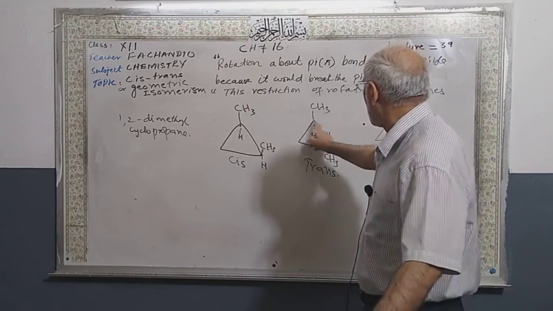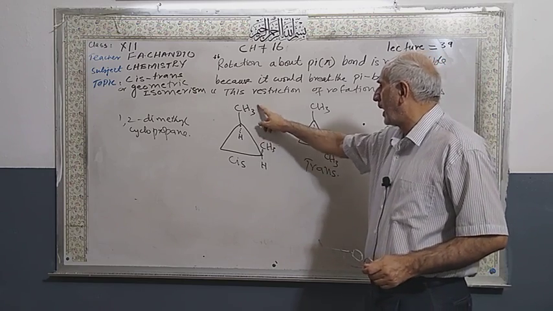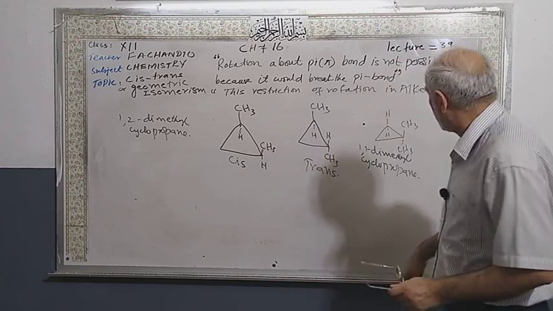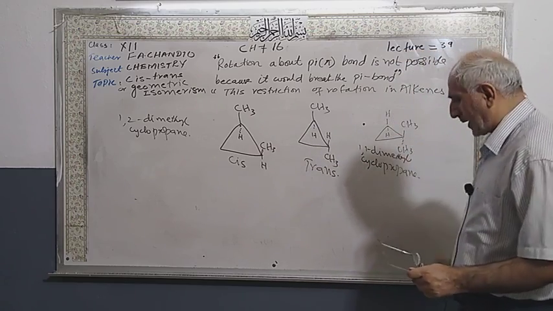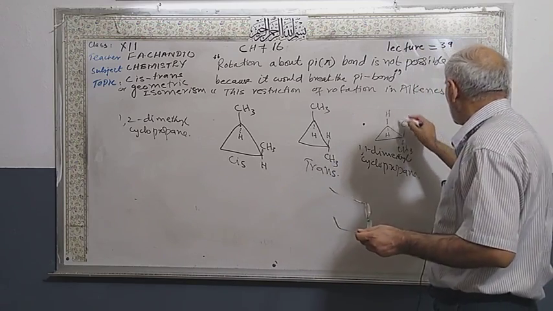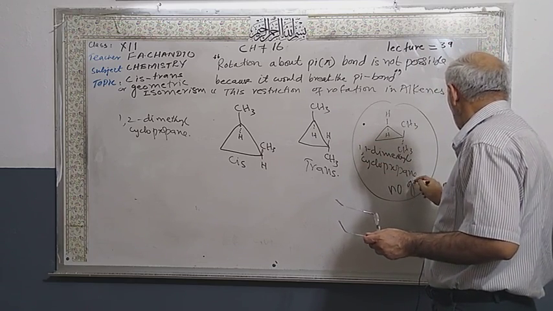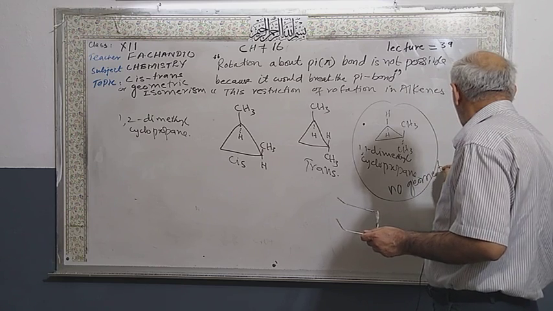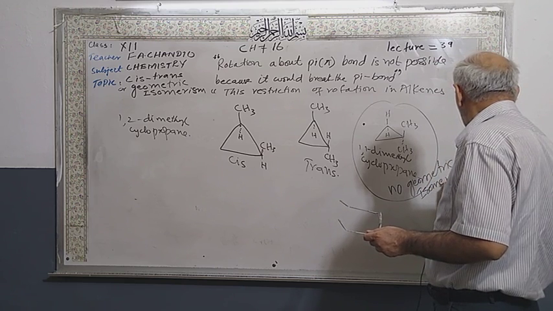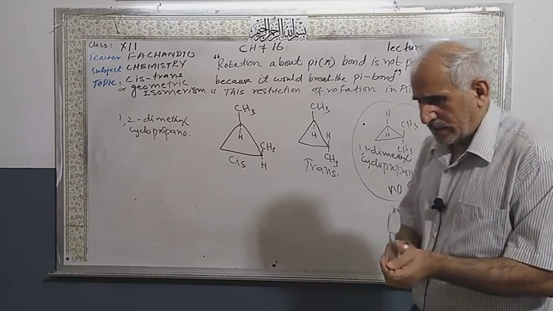Here geometrical isomerism is possible because different groups, alkyl and hydrogen, are attached to each carbon. But with alkyl and alkyl groups on the same carbon, there is no geometrical isomerism.